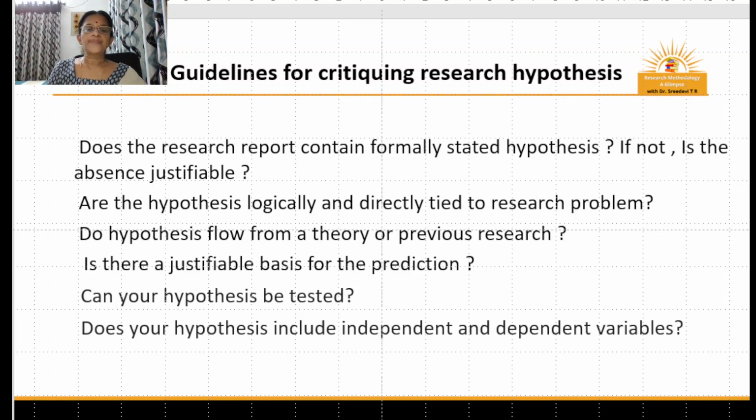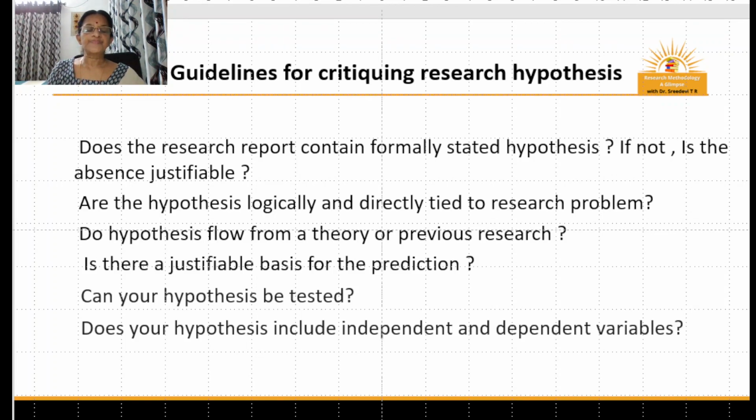So is the hypothesis logically and directly tied to research problem? Do hypotheses flow from a theory or previous research? Is there a justifiable basis for the prediction?